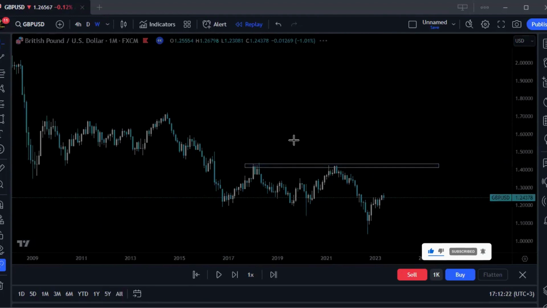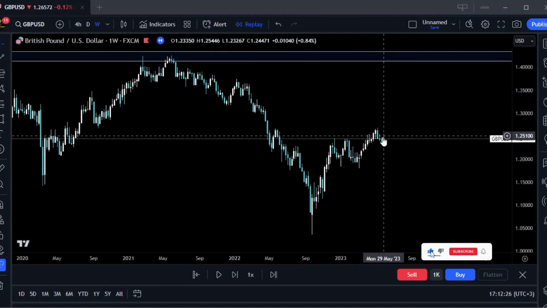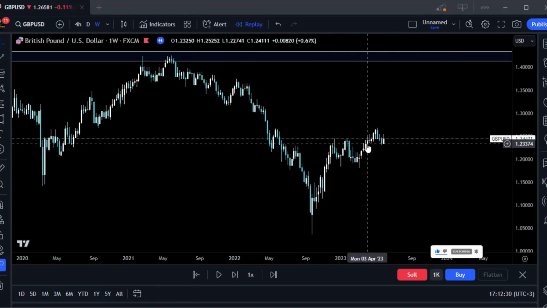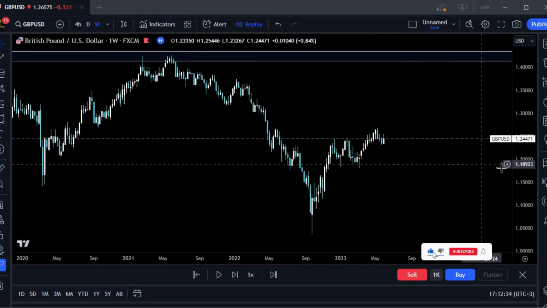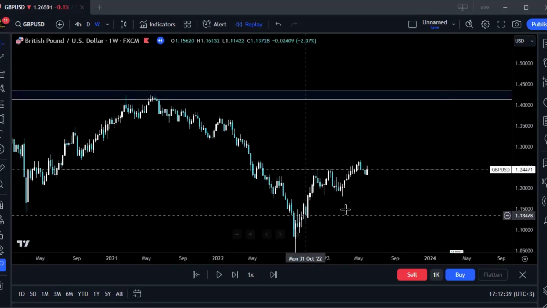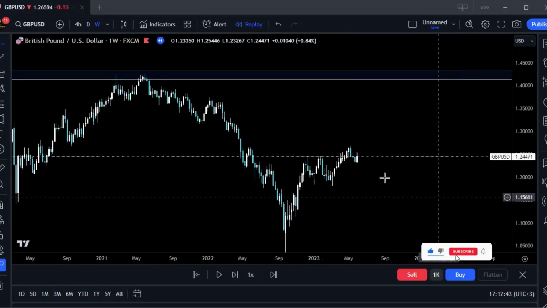So with that in mind, we can see the weekly closed with a solid bullish candle, right? So that gives us a bullish bias. Okay, so we have a bullish bias, but where to? Because we need to know where prices are most likely going to push to, so that we may have our target, right?